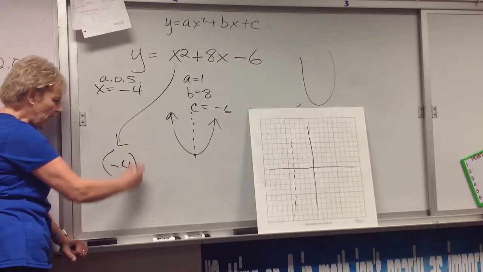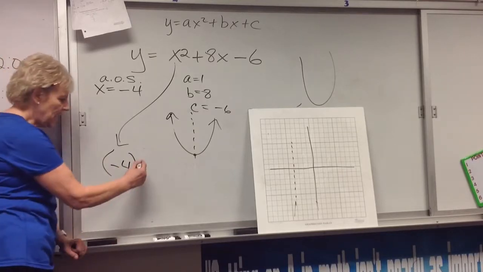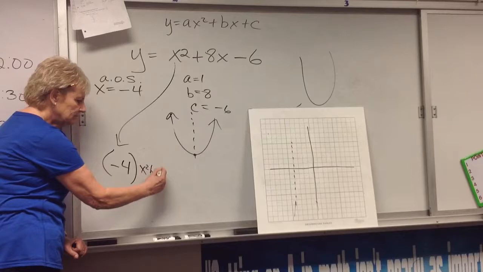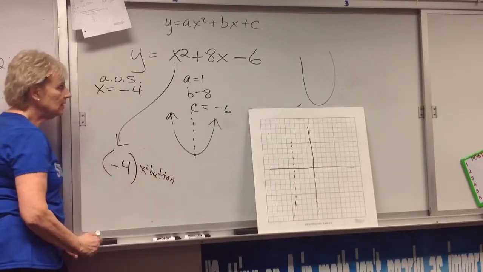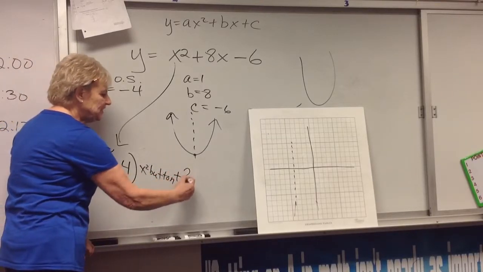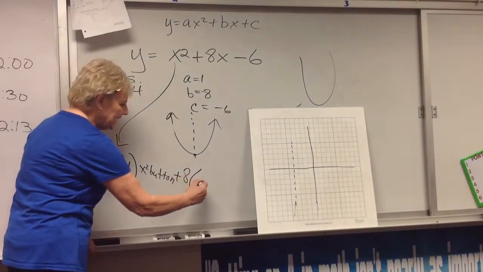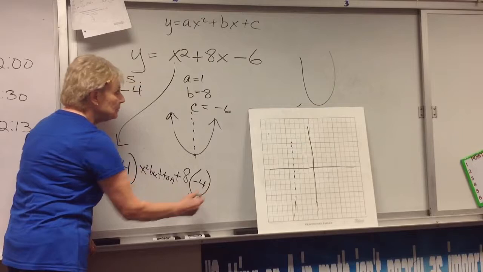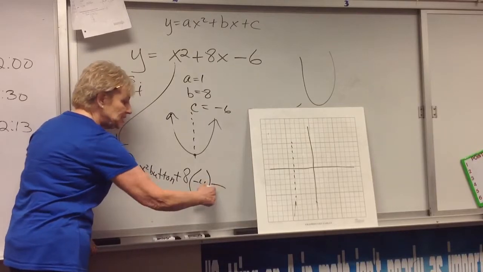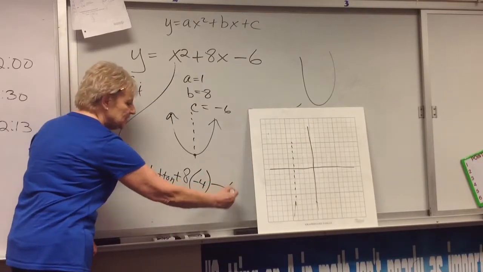Left parenthesis, -4, right parenthesis, x squared button, plus 8, left parenthesis, -4, right parenthesis, subtraction sign, not negative sign, 6.